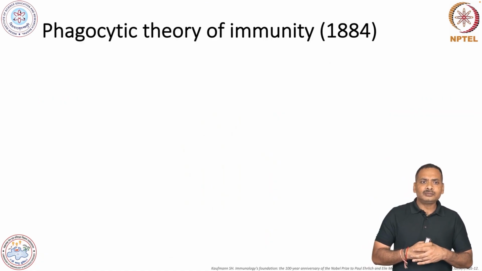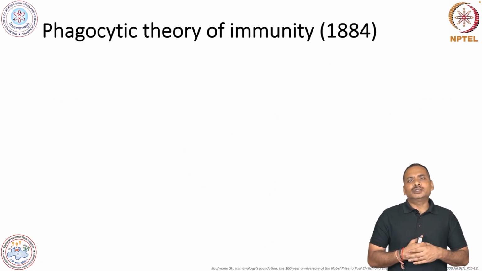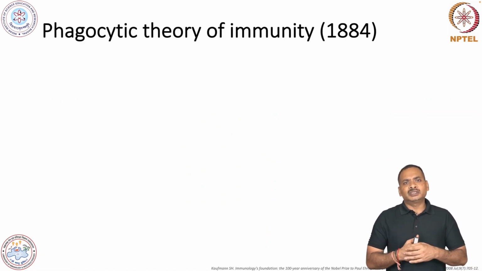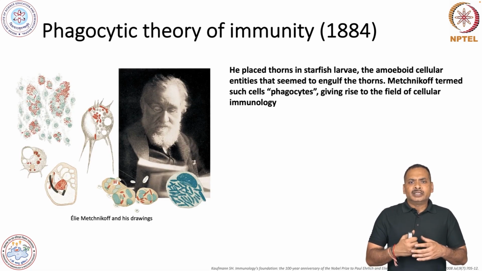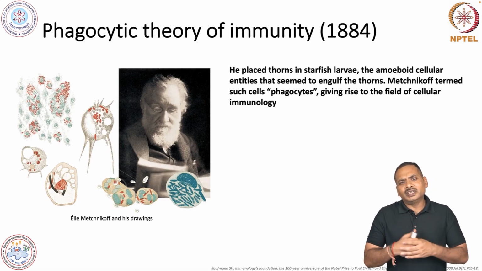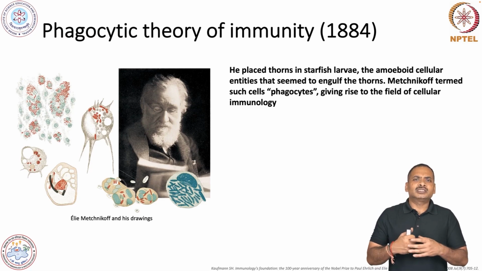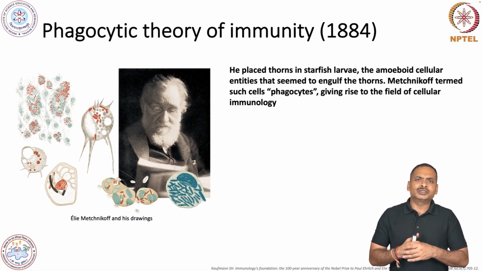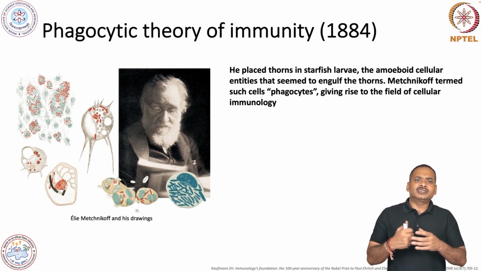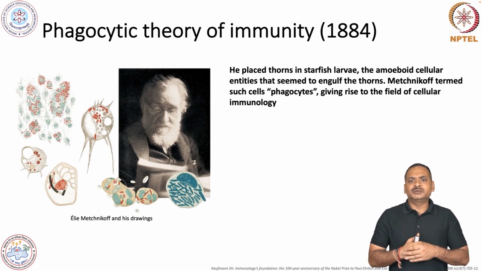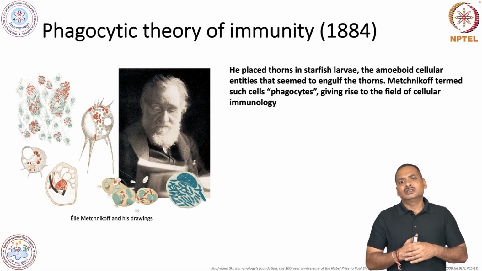So, the phagocytic theory of immunity was basically given by Metchnikoff around 1884. Okay. He observed that when he introduced a thorn into starfish larvae, the amoeboid cellular entity seemed to engulf the thorn.